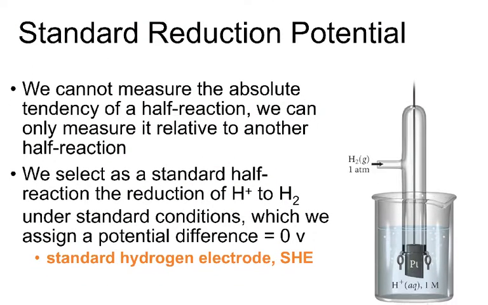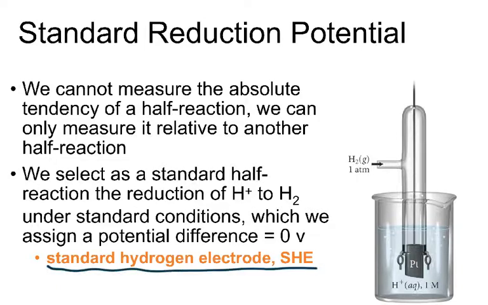So, standard reduction potential. We always have to measure half reactions against something else. We can't just send the electrons nowhere. So, we chemists have selected a standard half reaction, the reduction of H plus to H2 under standard conditions, and we've assigned that a potential difference of 0 volts.